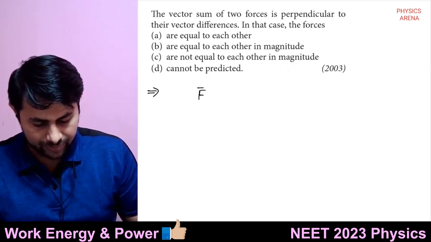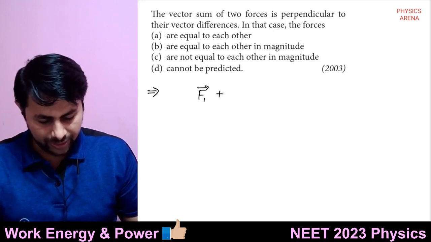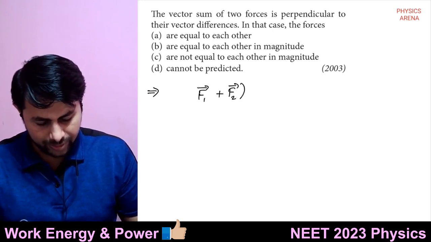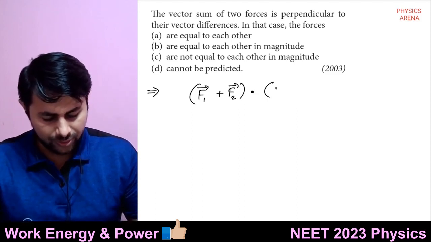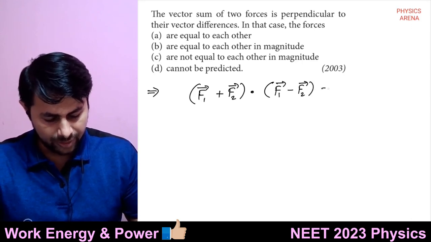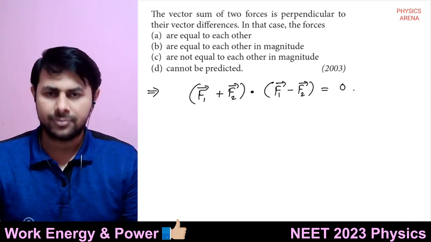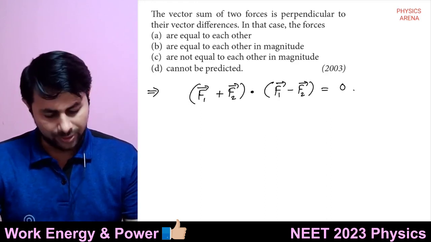Let's call the first one f1 bar and the second one f2 bar. The vector sum f1 bar plus f2 bar is perpendicular to the vector difference f1 bar minus f2 bar. If they are perpendicular, their dot product is equal to 0.